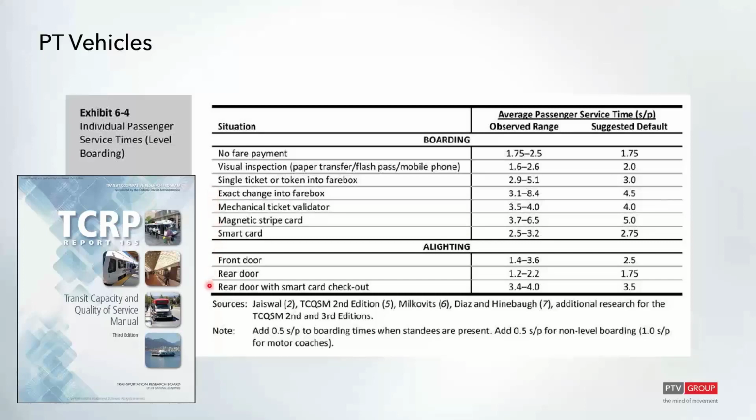And then some of the alighting times depend on some different door layouts. So you can see here if people are leaving at the front door or the rear door, or if they have a smart card checkout that's involved. So these are just some suggested times that can be used if you are looking to model that detailed passenger boarding and alighting time.